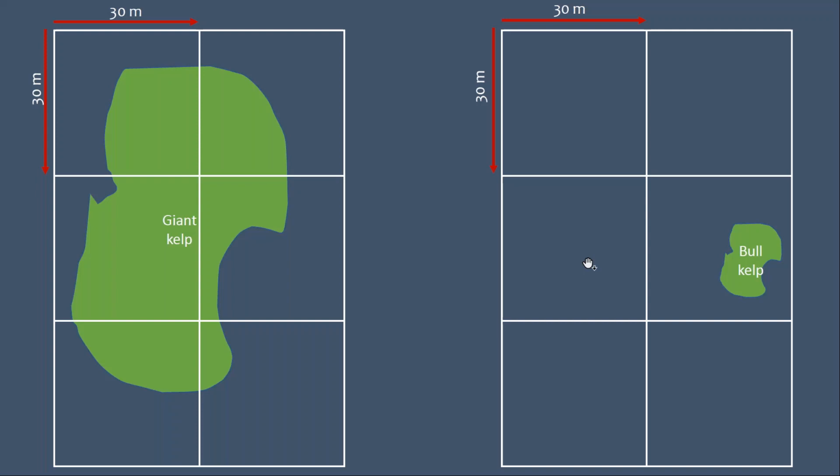But we see that bull kelp, after the die-off, the diameters of the bed were reduced to very small, in some cases, single plants, less than 10 meter patch sizes. So it's unclear whether or not Landsat is a tool that can be used to detect these small patches.